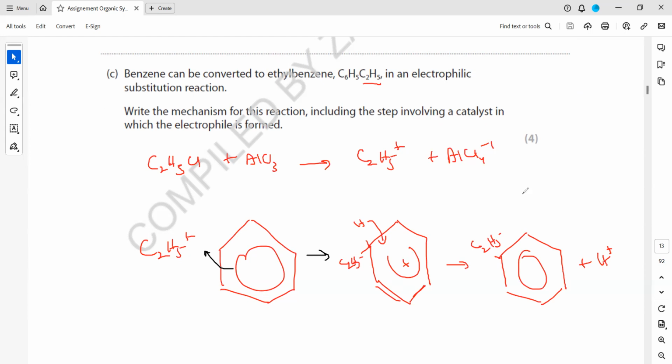And what happens to this H+? This H+ will combine with AlCl4-, and it will produce AlCl3 plus HCl. This is the reaction mechanism for the electrophilic substitution reaction of benzene, or you can also say alkylation of benzene.